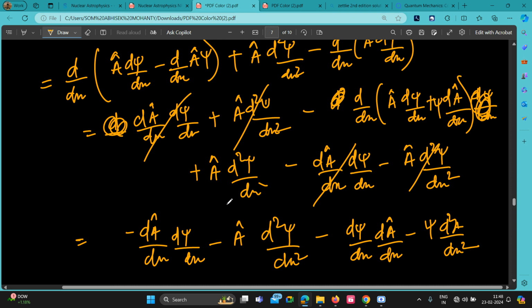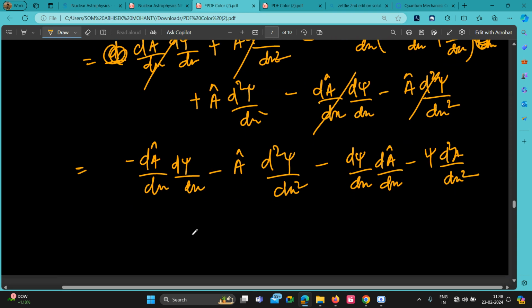Now only this is left plus a d square psi by dx square. So these two are cancelled again. Okay, this is what is left.